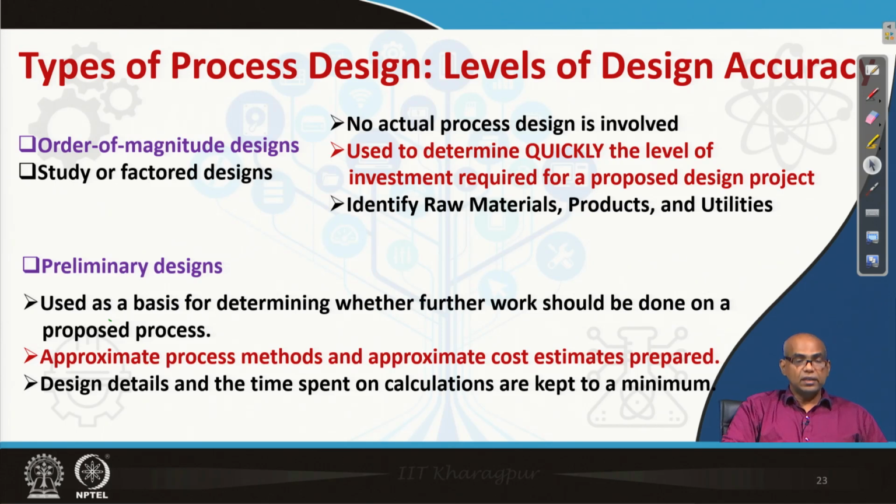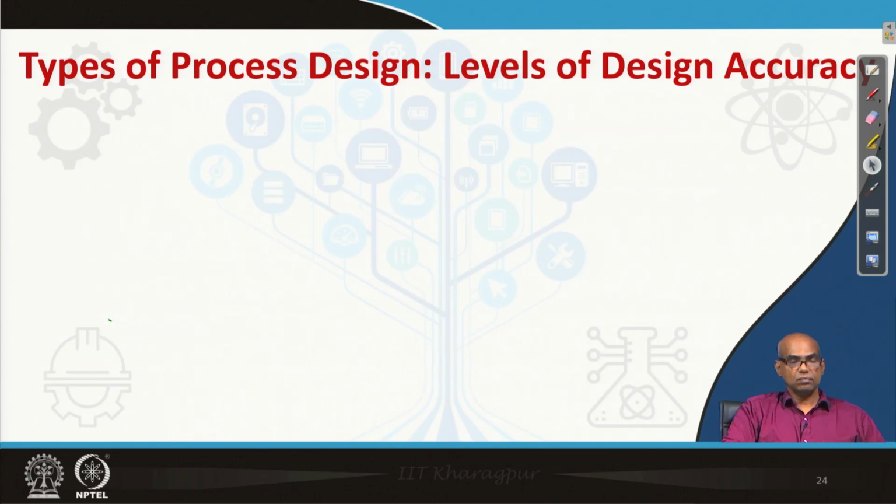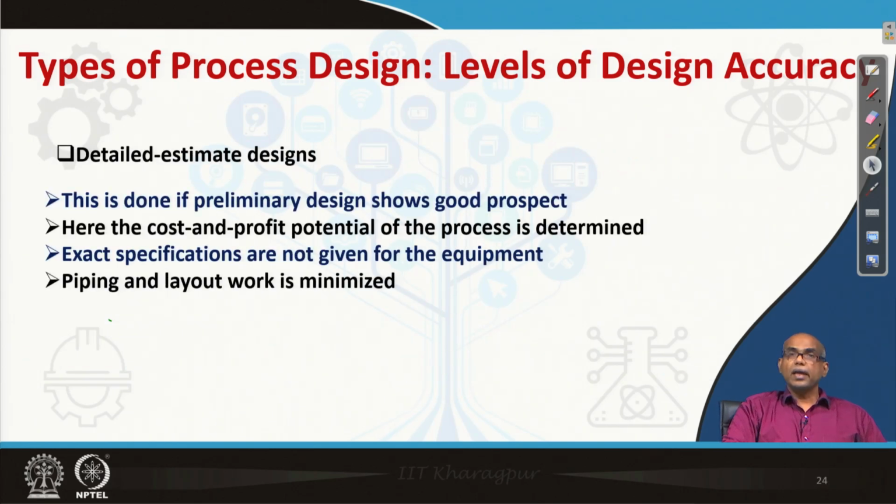Next, we have preliminary designs. This is used as a basis for determining whether further work should be done on a proposed process. Approximate process methods and approximate cost estimates are prepared. Design details and the time spent on calculations are kept to a minimum. Next, detailed estimate designs.